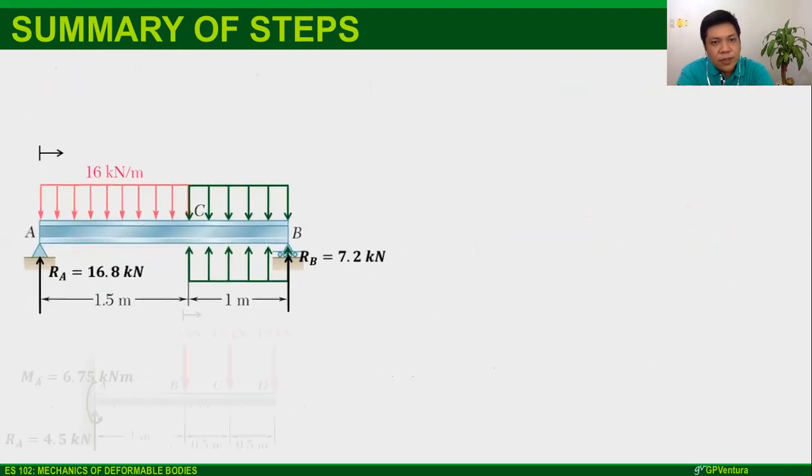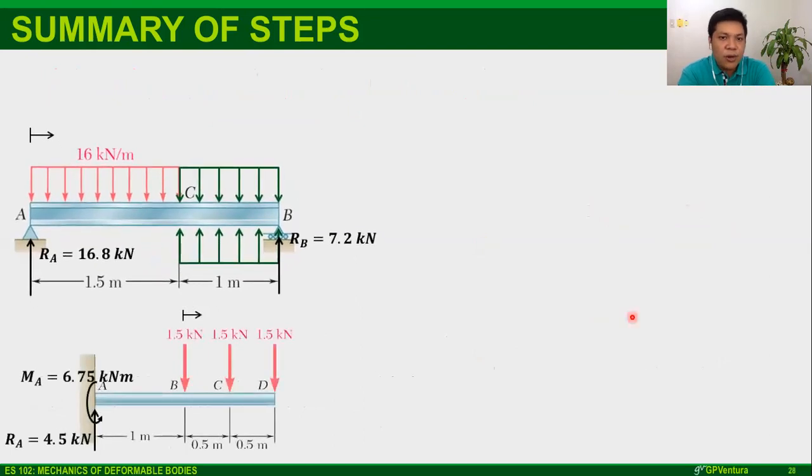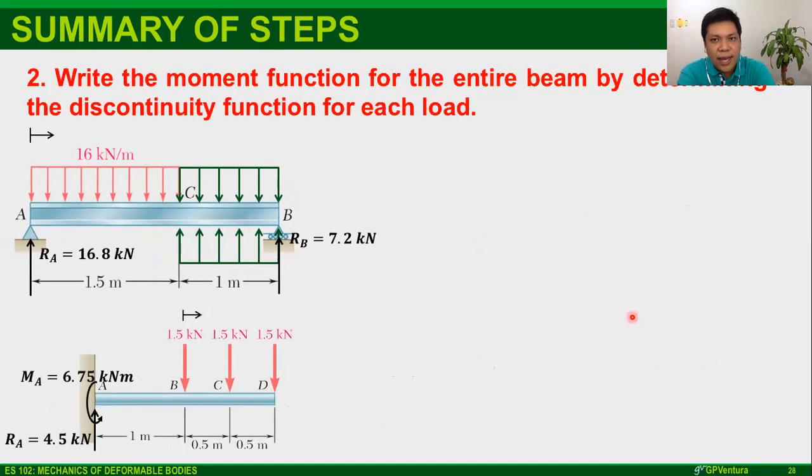Next, step number 3, I now need to write the moment function. Now, step number 2, a continuation rather. Please look at this moment function over here. I have mentioned, please remember, ano ulit yung not included in the moment function?